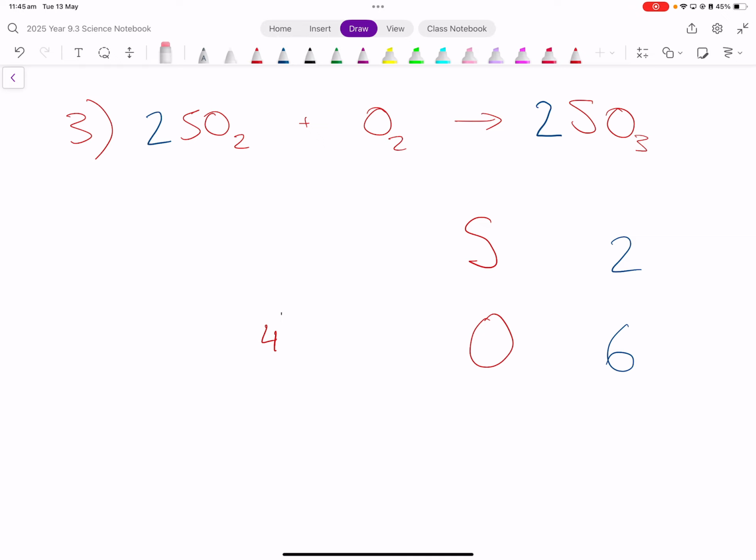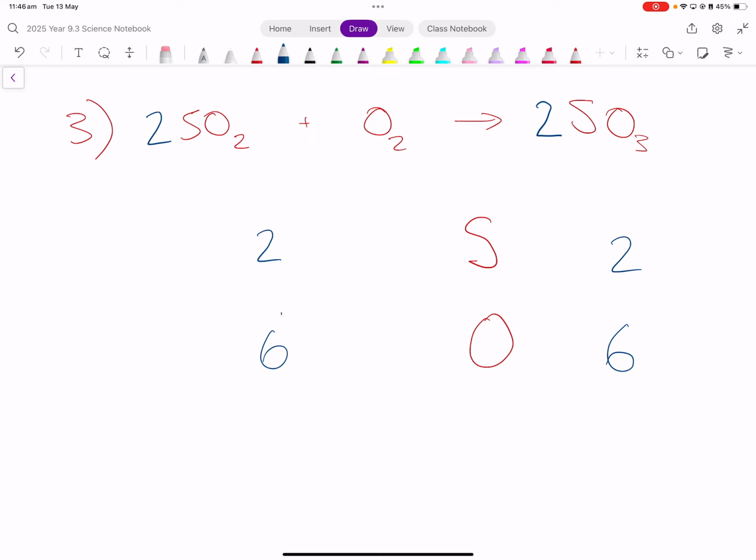It then changes that number to 2 for sulfur on the reactant side. And it also changes the number of oxygens I have. So let's double check oxygen. I've now got 2 lots of 2, which is 4, plus another 2, which is 6. And so altogether, I now have 6 oxygens.